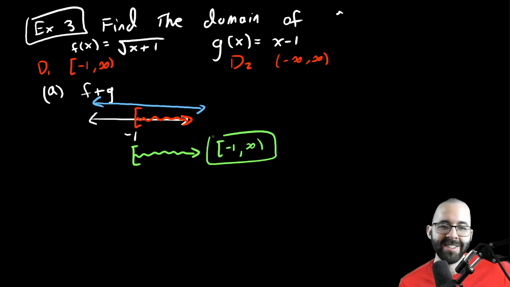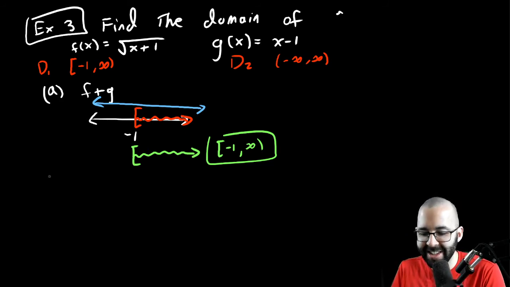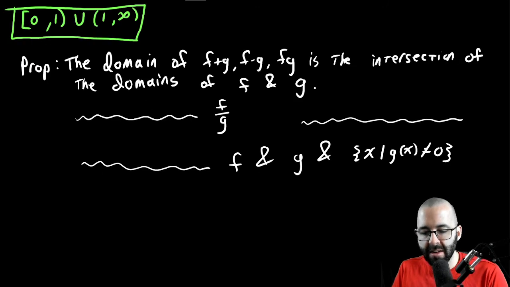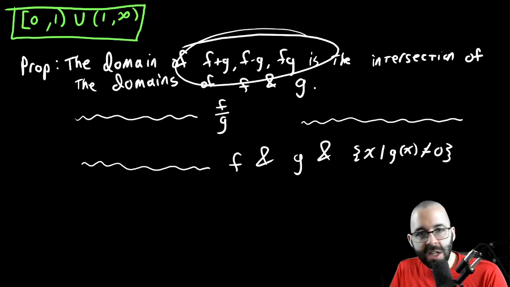Now I've got some good news. Math oftentimes has a lot of bad news, but I got some really good news for you here. Watch this. Part B. What's the domain of f minus g? How do we find that? The domain of all three of these functions is the exact same thing. F plus g, f minus g, f times g.